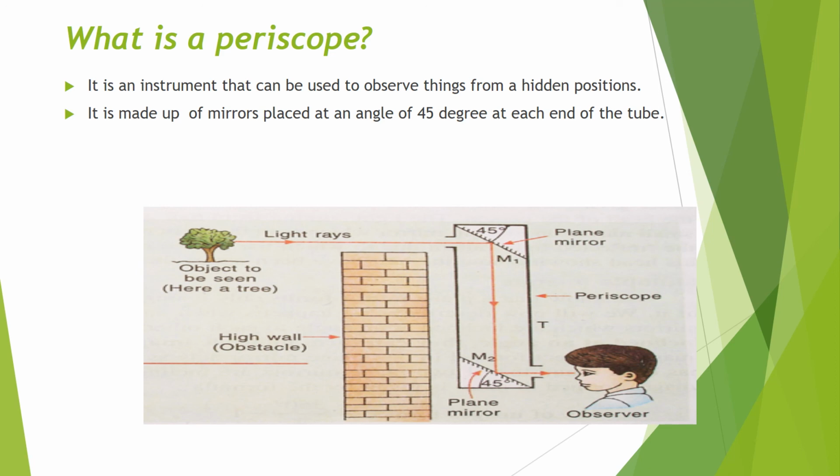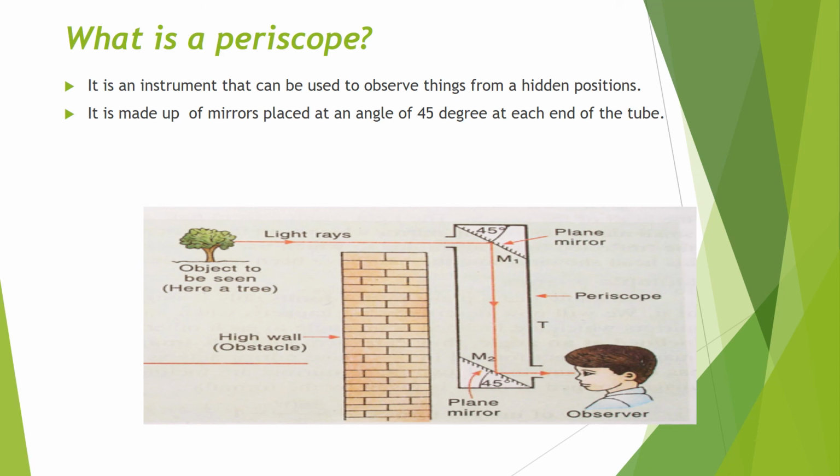Look at the picture very carefully. That picture shows you how the light rays will go from the object to the observer through a periscope. The light rays are reflected twice in the periscope.